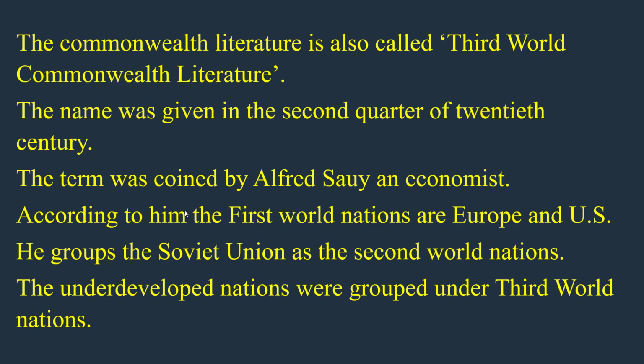But in the second quarter of the 20th century, this Commonwealth Literature came to be called Third World Literature because Alfred Sauvy, an economist, grouped the nations under three categories. The first category is Europe and the U.S. The second category is the Soviet Union, and the underdeveloped countries form the Third World. So Indian literatures and African literatures come under the underdeveloped nations, so Third World Literature.